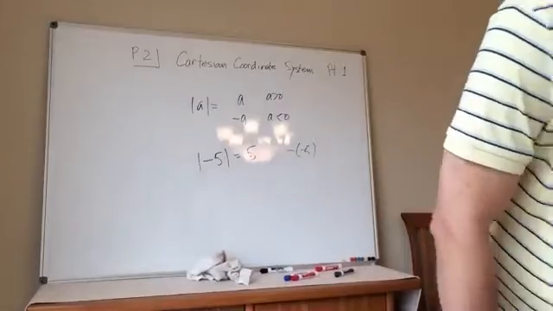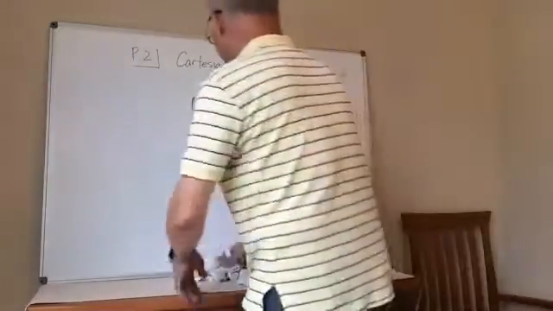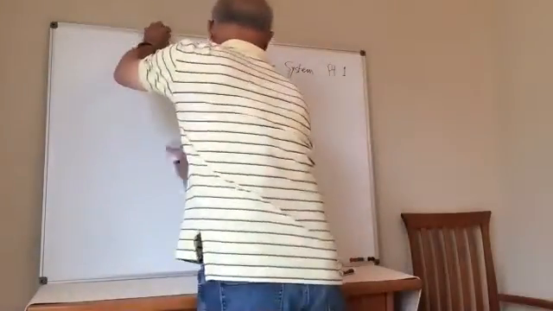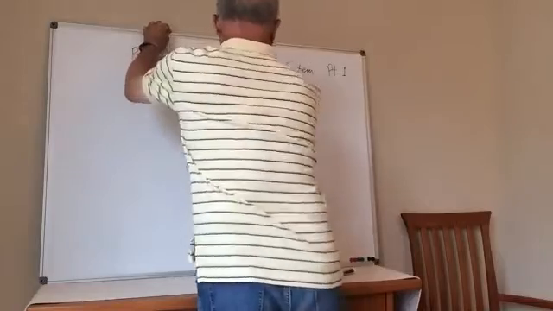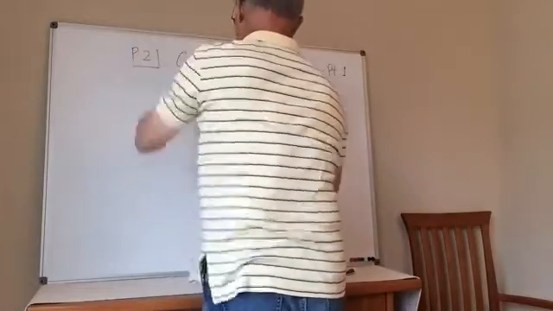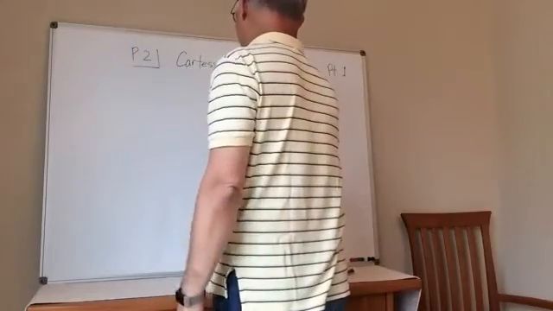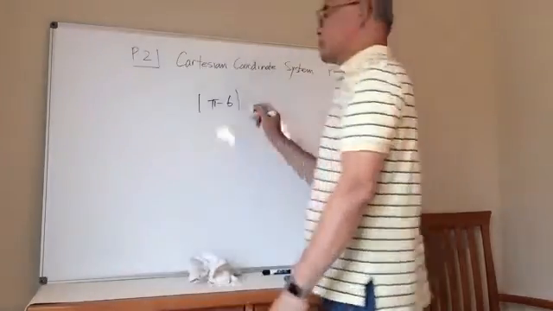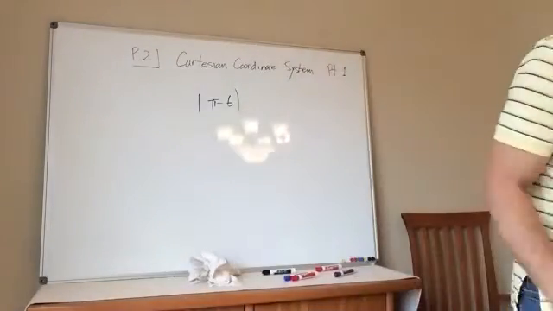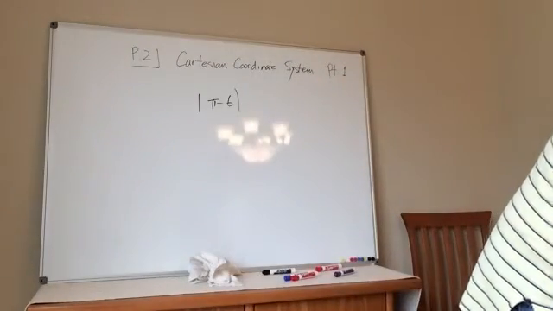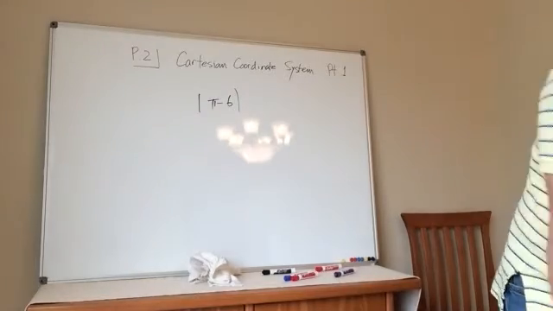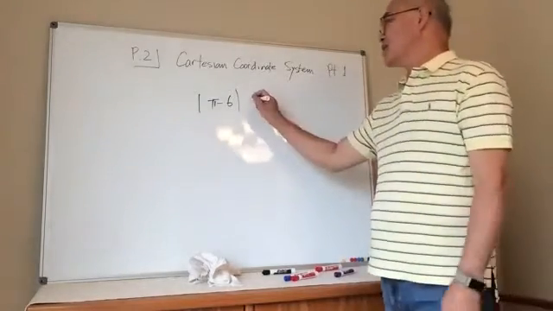Example number 2, evaluate. We did the first one, so we'll skip the first one. The second one says evaluate the absolute value of pi minus 6. Brooklyn, what is this?